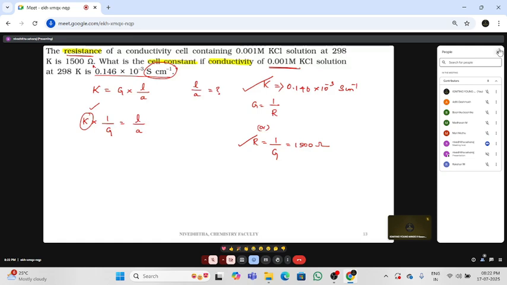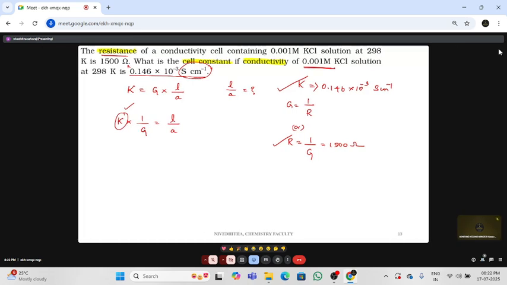Can I substitute and simplify and come up with the unit and also the value? See, kappa is nothing but 0.146 into 10 power minus 3 Siemens centimeter inverse into 1 by G is 1500 ohm, which is equal to L by A. 219.3 into 10 to the power minus 3.